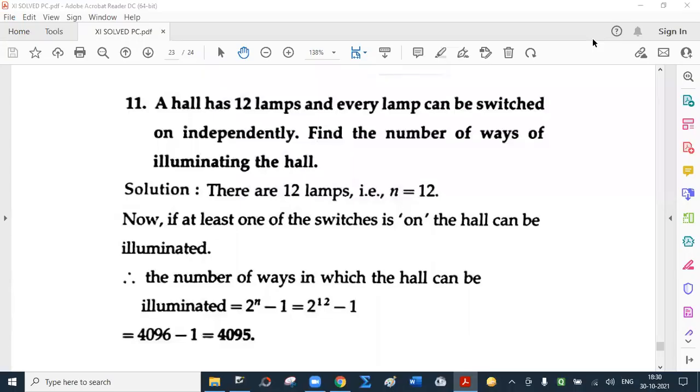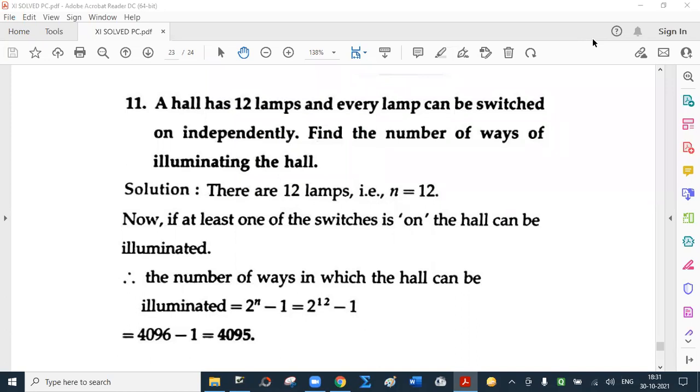Sum number 11. Let me explain first, but please do write the solution after the lecture. A hall has 12 lamps and every lamp can be switched on independently. Find the number of ways of illuminating the hall. See, the hall will be illuminated even if one bulb is in good condition. Now there are 12 lamps, so n is 12. If at least one of the switches is on, the hall can be illuminated.